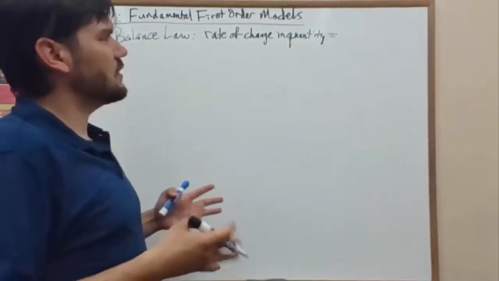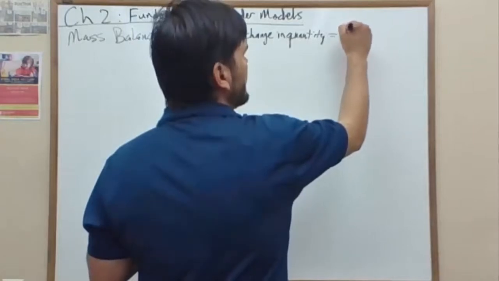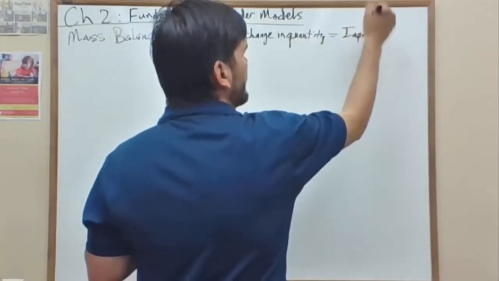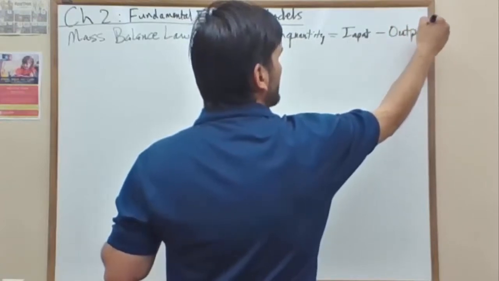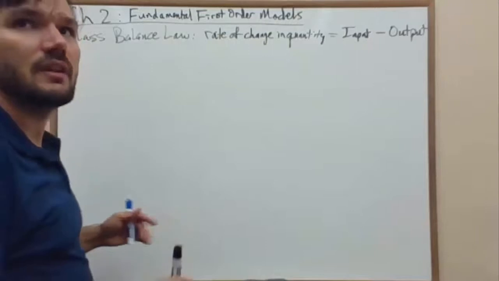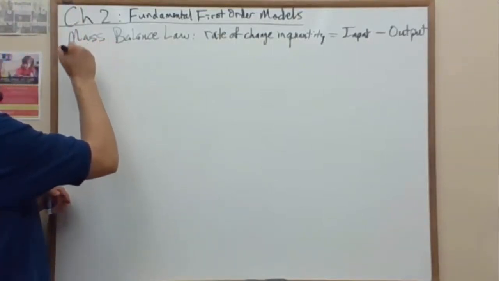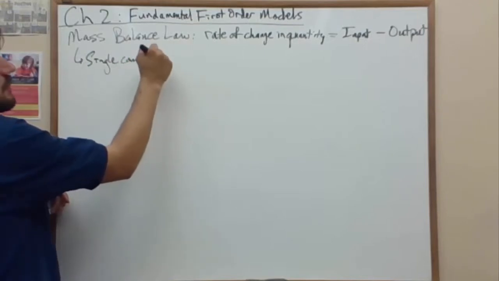So the rate of change in quantity, we can think of this as a derivative, is equal to the input change minus the output change. And the example where we saw this in chapter 2 is in the single compartment mixing problem.